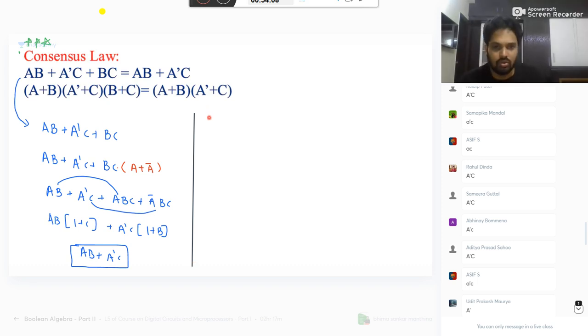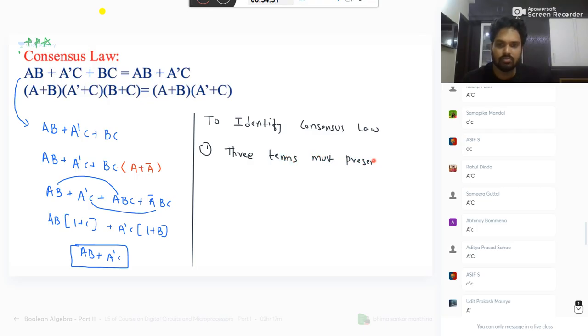So to identify the consensus law: first, three terms must be present.